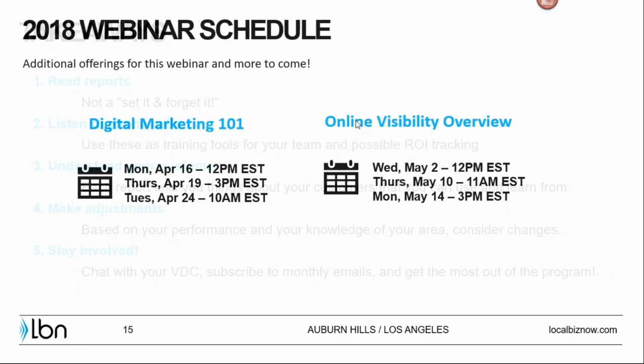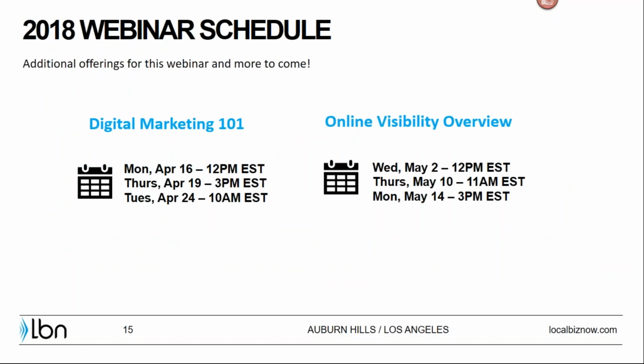So we have 2 more webinars that are not this. One is a Digital Marketing 101, and that starts next week. So we will be going over everything, not just program related. This actually is very little program related. It's just digital marketing in general.